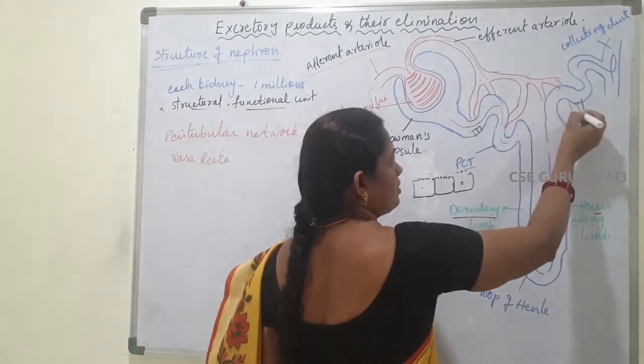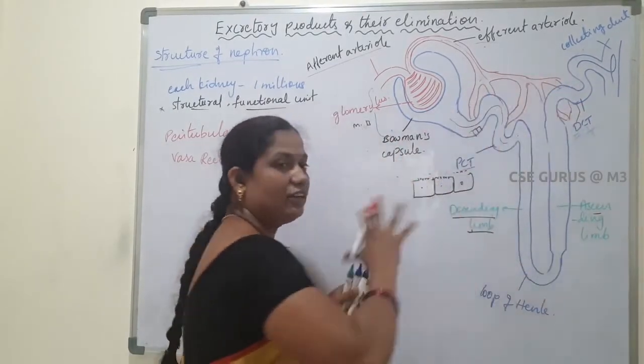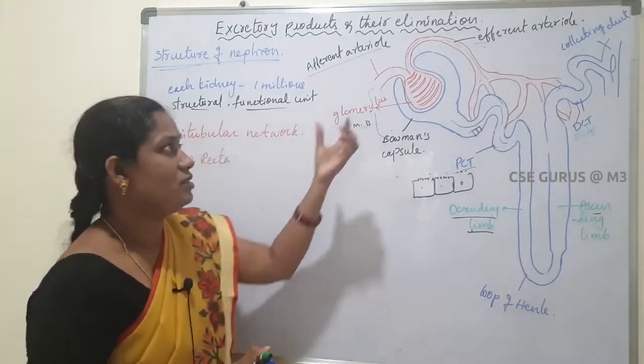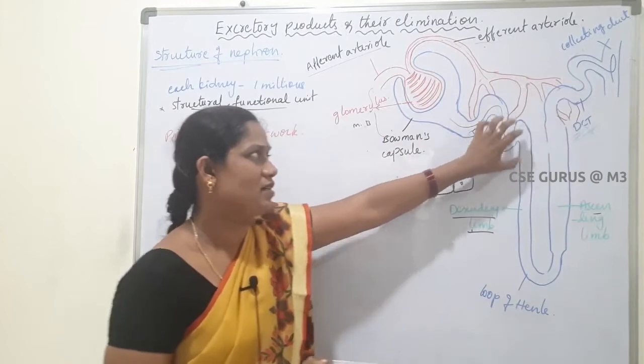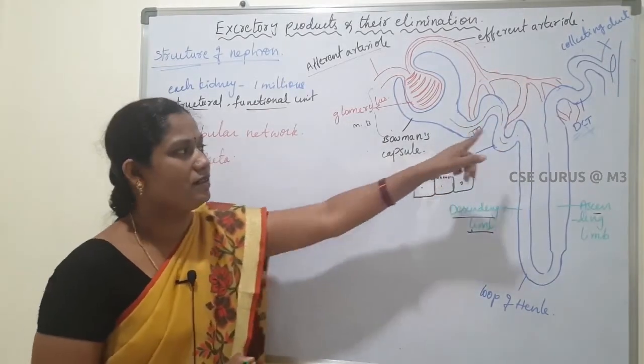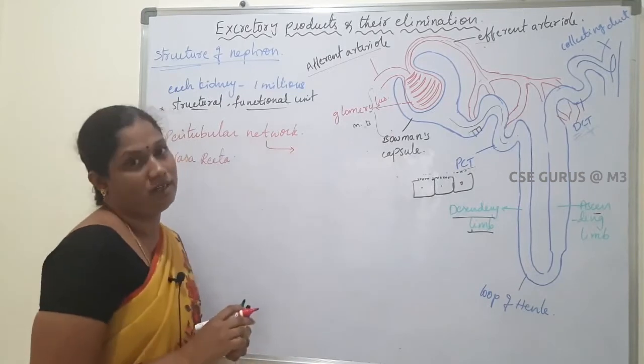They form branches in a network manner. So the efferent arteriole divides into many branches that cover the PCT and DCT. So they are called the peritubular network.